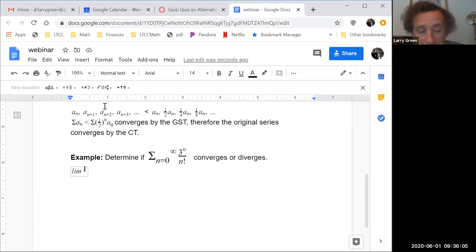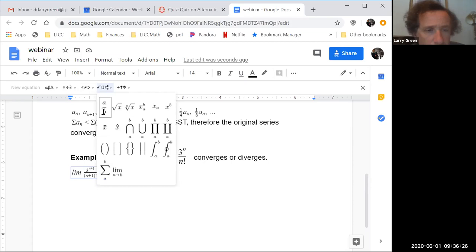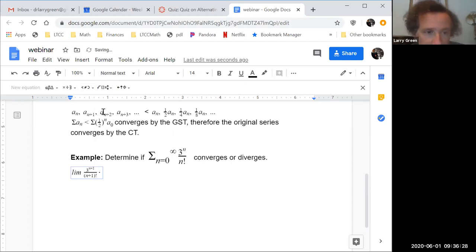So we have 3 to the n plus 1 over n plus 1 factorial times, it's just the reciprocal plugging in n.